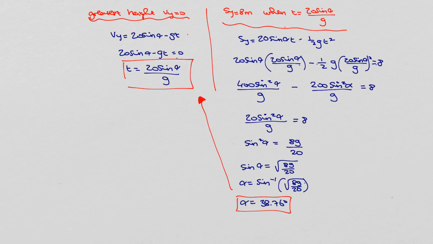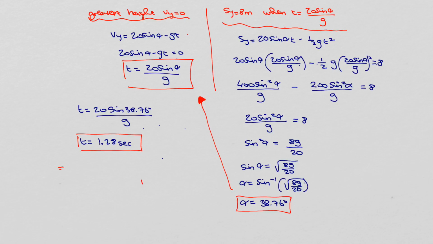So I'm going to sub alpha in here to this equation, which gives me my time of flight for the greatest height. So that would be 20 sine 38.76 degrees. Or of course you can put in for sine alpha is equal to root 8g over 20. And you should get the same answer. And then divide by g. So therefore our time of flight, if I sub in there, is 1.28 seconds, because our units at the start, for velocity, we're in meters per second.